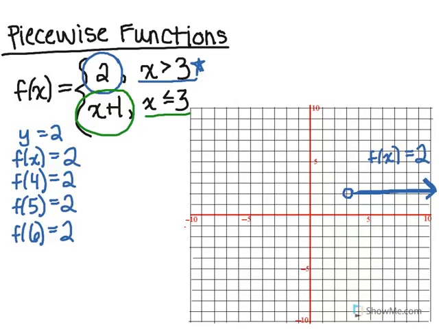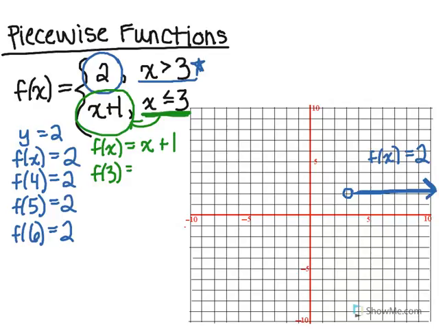So if we have x plus 1, basically our function is equal to x plus 1, but only for values that are 3 or less than 3. So if I wanted to figure out something like f of 3, since that's in that interval of being less than or equal to 3, the function x plus 1 is the one I would use.